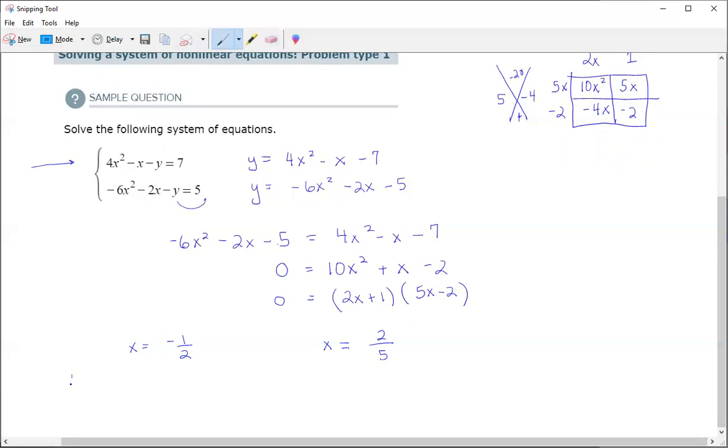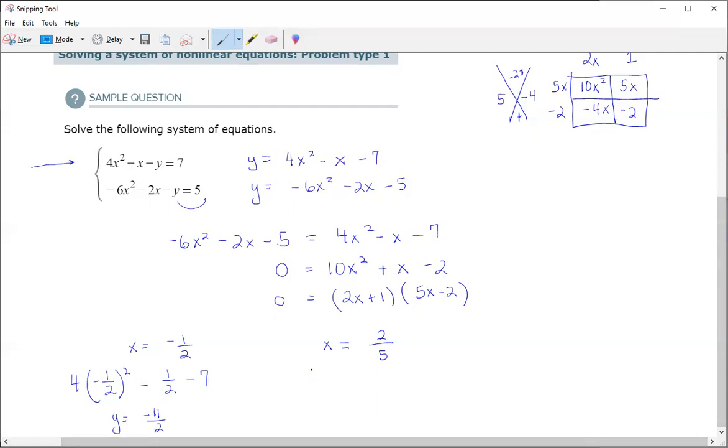So I would get 4 times negative 1/2 squared minus 1/2 minus 7. Alrighty, so when I do all that, I would get negative 11/2. Trust me, you can take the time to work out that math.